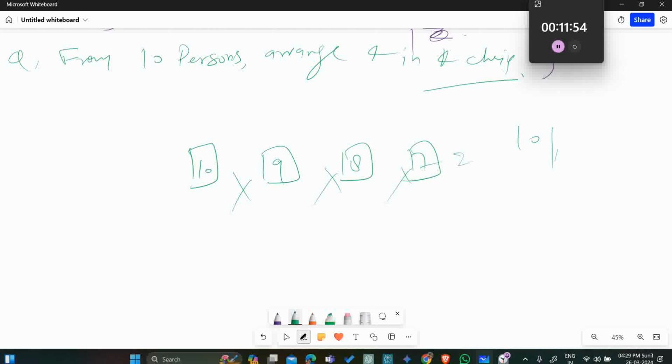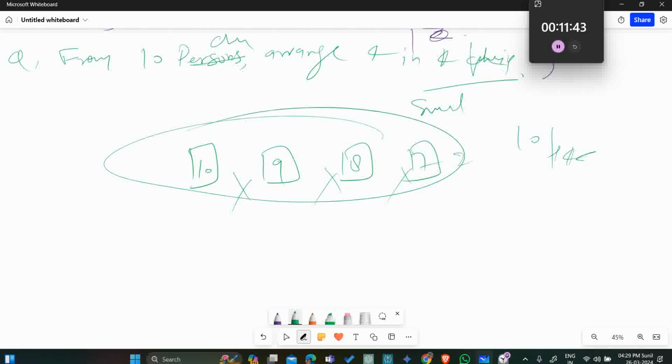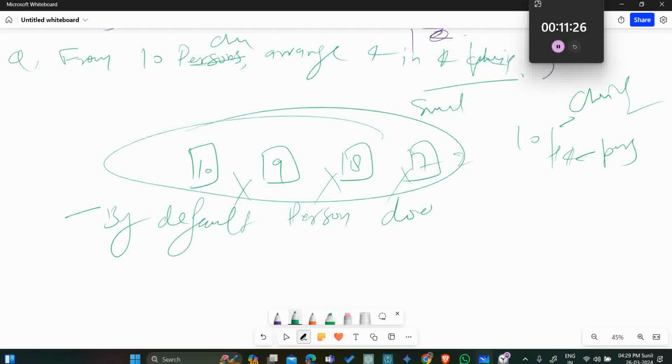This would be 10P4. If it is 10 chairs and 4 persons, the answer would be the same, 10P4. But here it is persons and there it is chairs. This is not a big game, because by default persons do not repeat themselves. This is the answer.